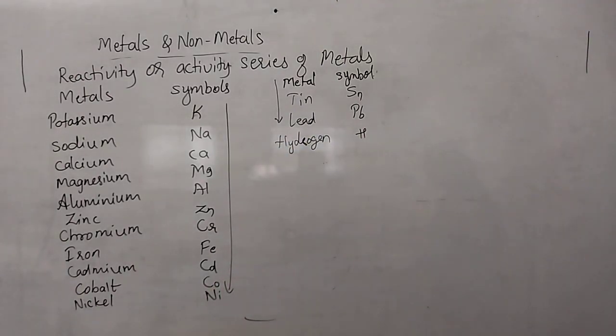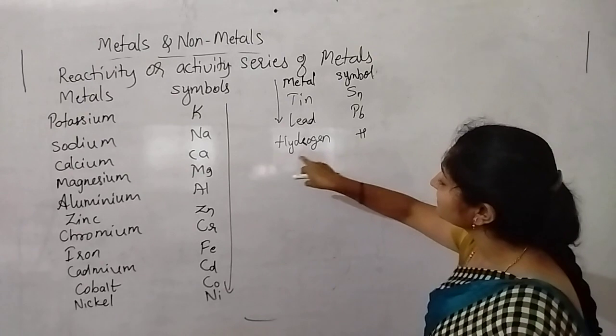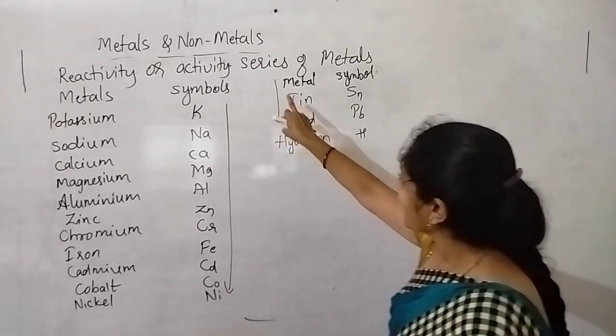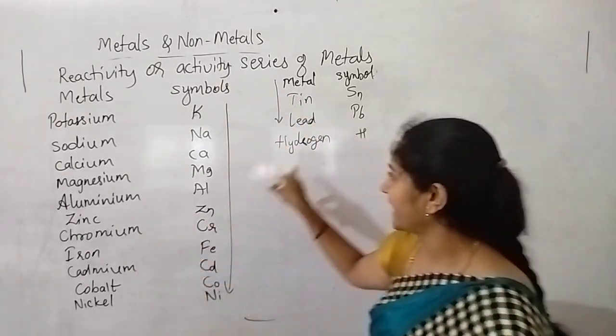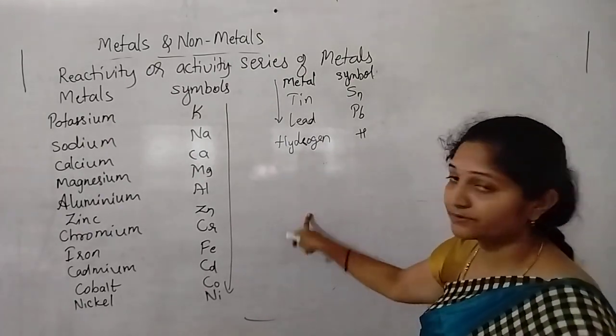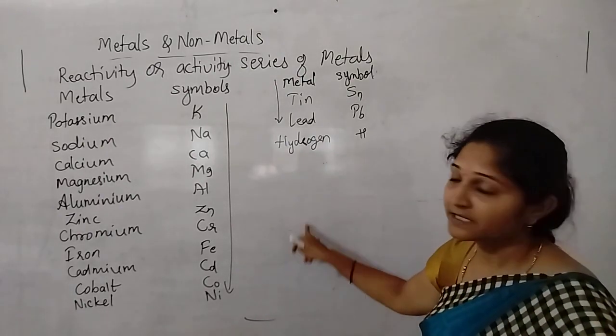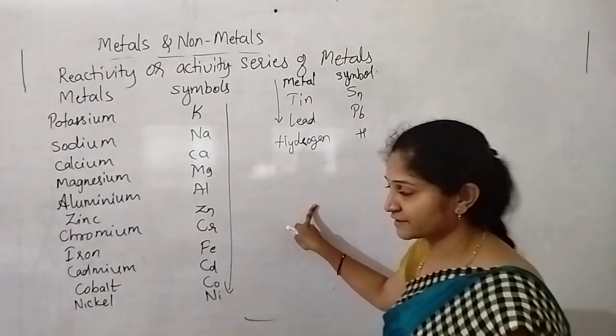Then after hydrogen, what are the less reactive metals? Those are less reactive than hydrogen. Hydrogen is considered the reference: up to lead, metals are more reactive, and after hydrogen, all the elements are less reactive.